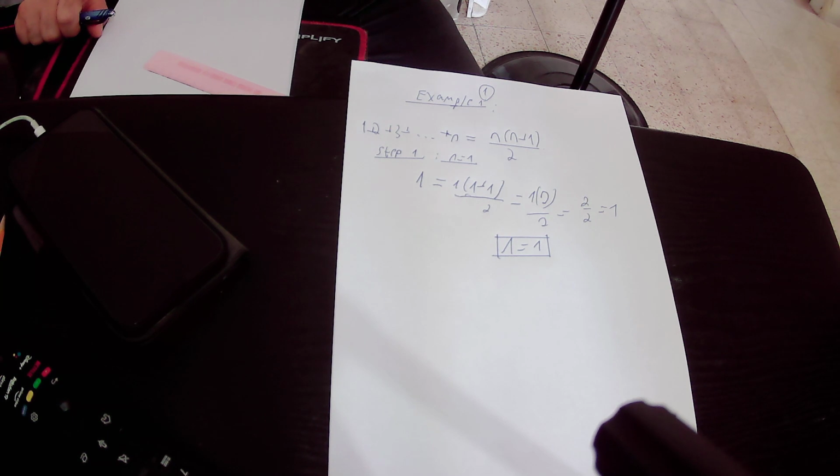We will prove that this statement is true for n plus 1, and we rely on the proof that is true for n plus 1 on our assumption that it is true for n. Okay?